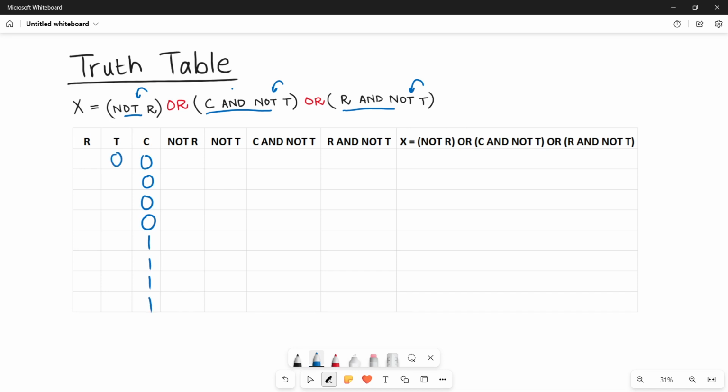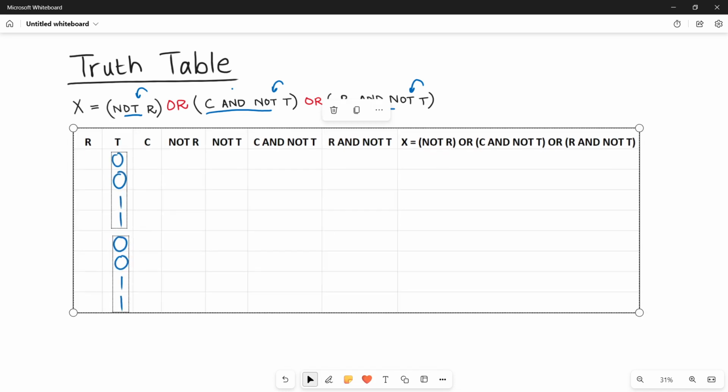For T, it will be 00, 11, 00, 11. For R, it is going to be 4 zeros. Sorry, I did one mistake. I'm really sorry. You have to start with 010101.